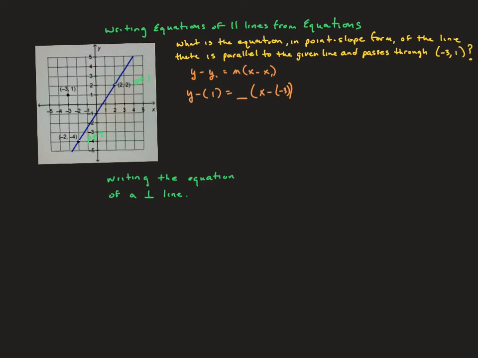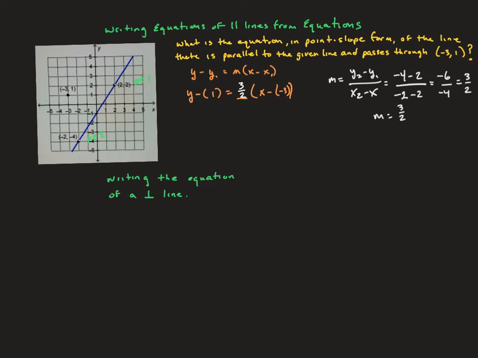When I go to calculate it, m is equal to y2 minus y1 over x2 minus x1, which is negative 4 minus 2 over negative 2 minus 2. That's going to be negative 6 over negative 4, which gives me 3/2. So my slope is equal to 3/2.